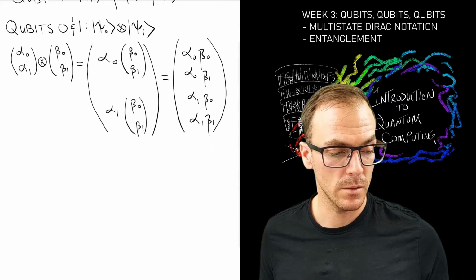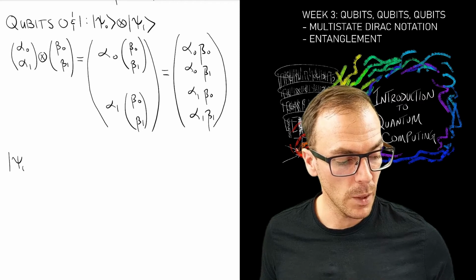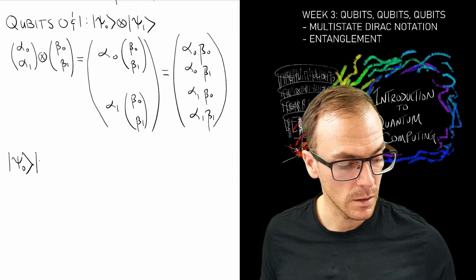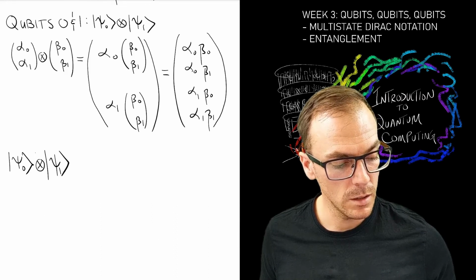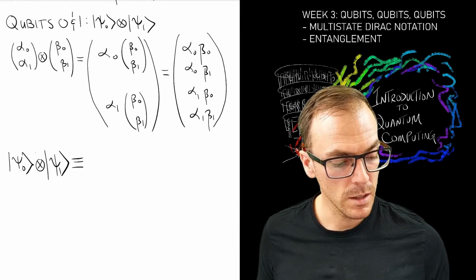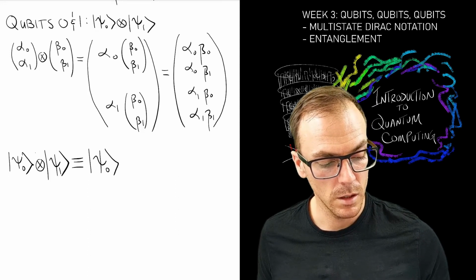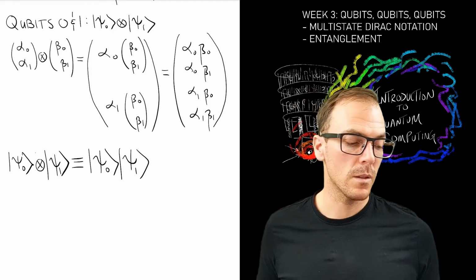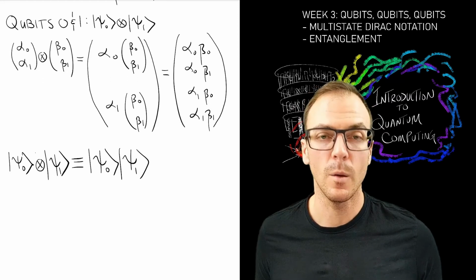Now you'll see a bunch of different kinds of notation that all represent the same thing. So the tensor product, psi 0 tensor psi 1. Okay, so that's equivalent in a different kind of notation, where we just don't write down this tensor times symbol.